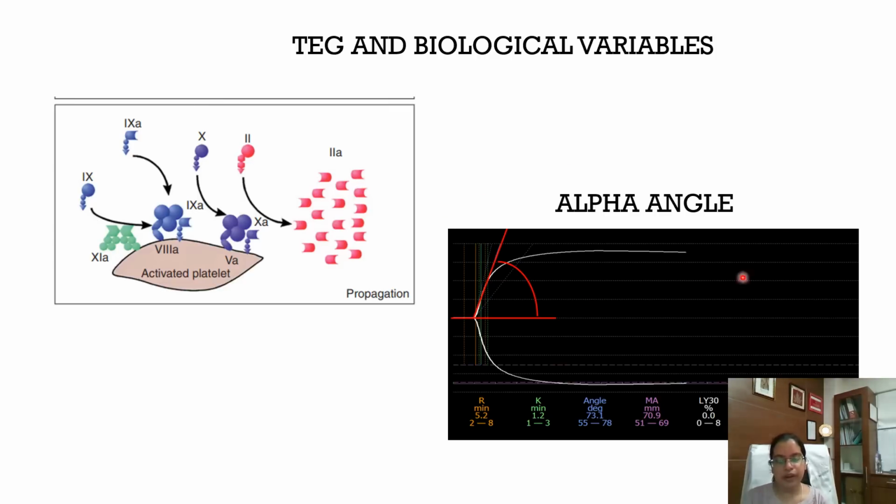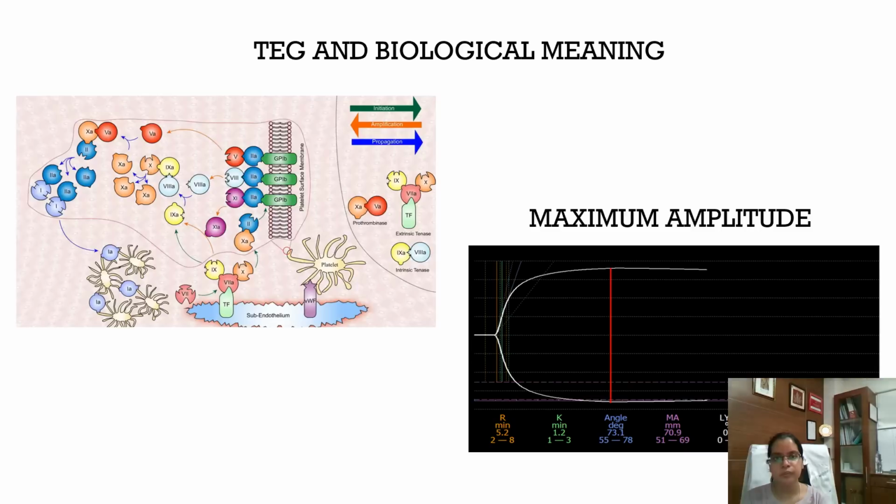That is the alpha angle, that is the thrombin burst or the propagation phase. Now a clot has been formed. The fibrinogen will interact with the platelets for the ultimate strength of the clot. Now platelets will provide additional stability, additional strength to the clot. So that is the maximum amplitude, the ultimate strength of the clot.